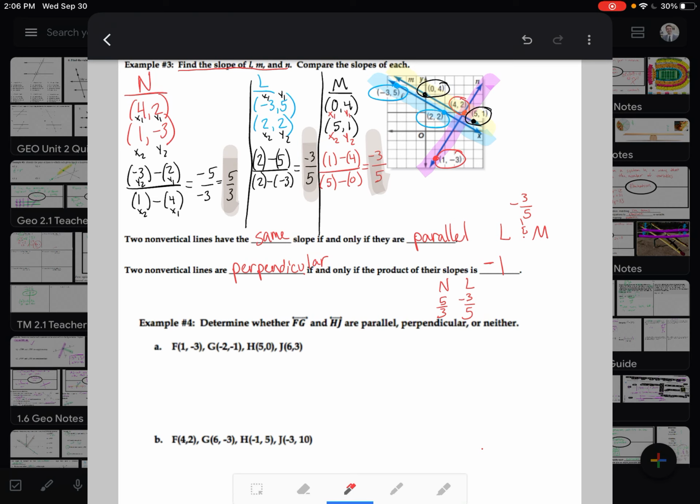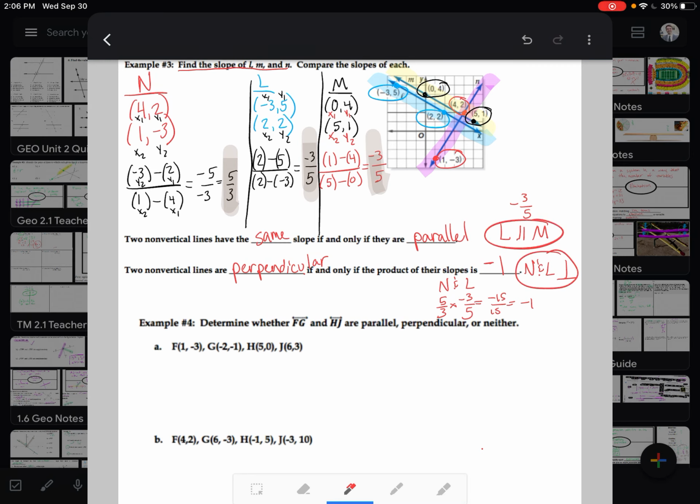Well, that looks to me like we flipped it and we have the negative sign, but let's test this definition. If we multiply them, do we get -1? So negative 15 over 15. That's also a way to say that it's -1. Okay, that's awesome. So N and L, these are perpendicular. They intersect at a right angle there. And we can say here up top that L is parallel to M.